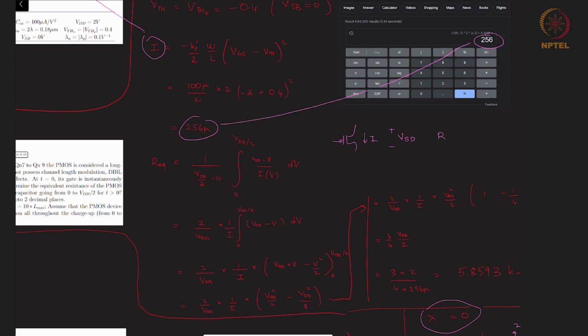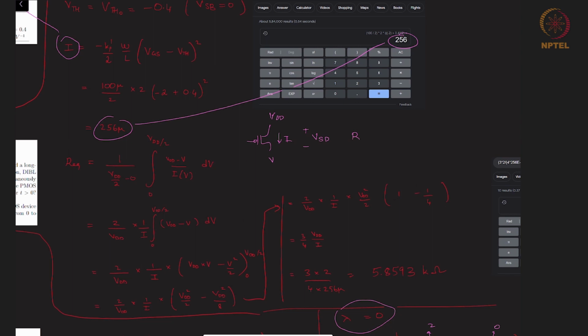So R of V is going to be VSD, that is VDD minus V, divided by I. That's what I have here, and then you have to integrate R of V from 0 to VDD by 2, and then take an average.